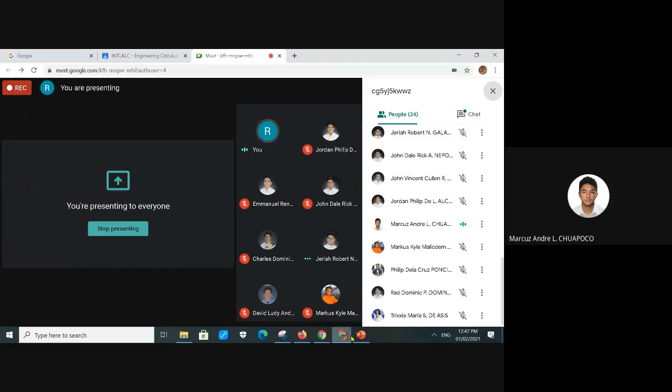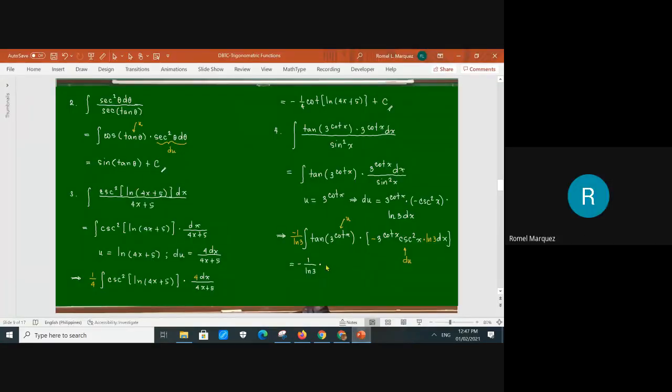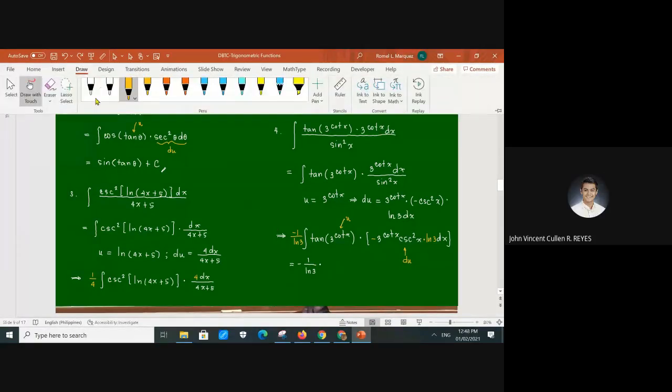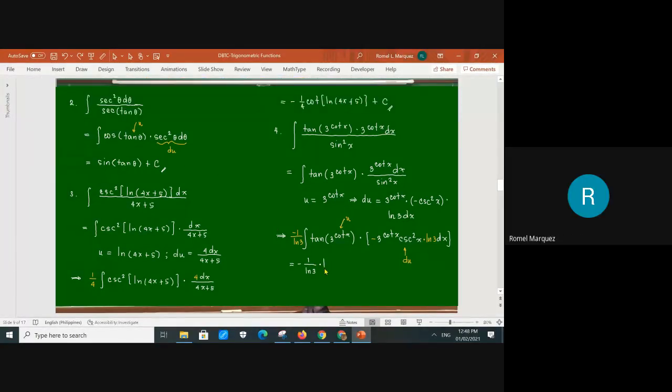Any suggestion, sir? ln of what? Integral of tangent u du? ln of what? Secant po, sir. ln of secant, no? Pag negative ang ginamit nyo, negative ln of cosine.